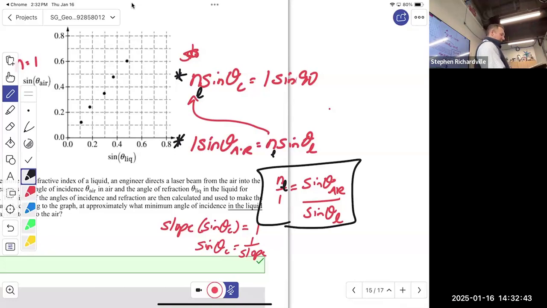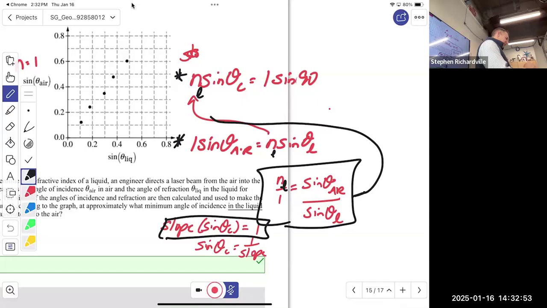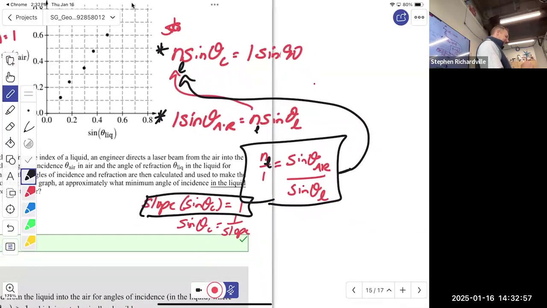So then if I go back to where this came from, back up to the top, and plug this in up here, that's where I got my slope, times sine theta critical. I don't know if I plugged that in right.